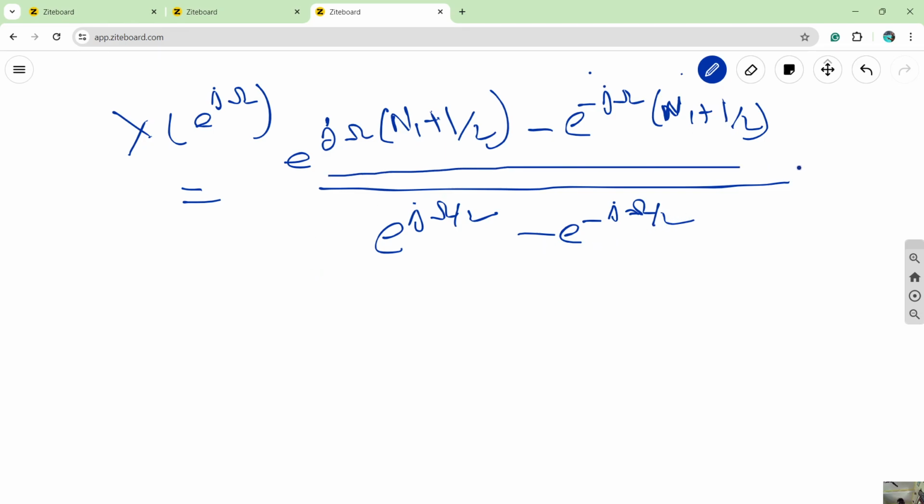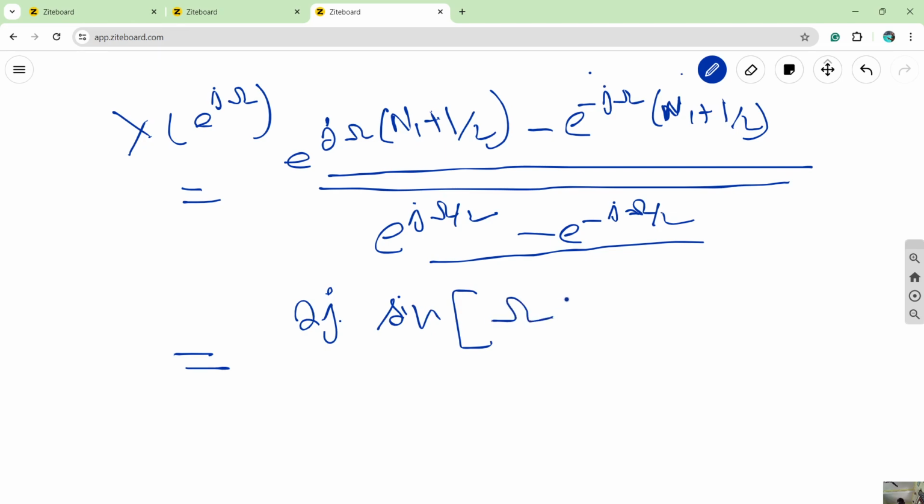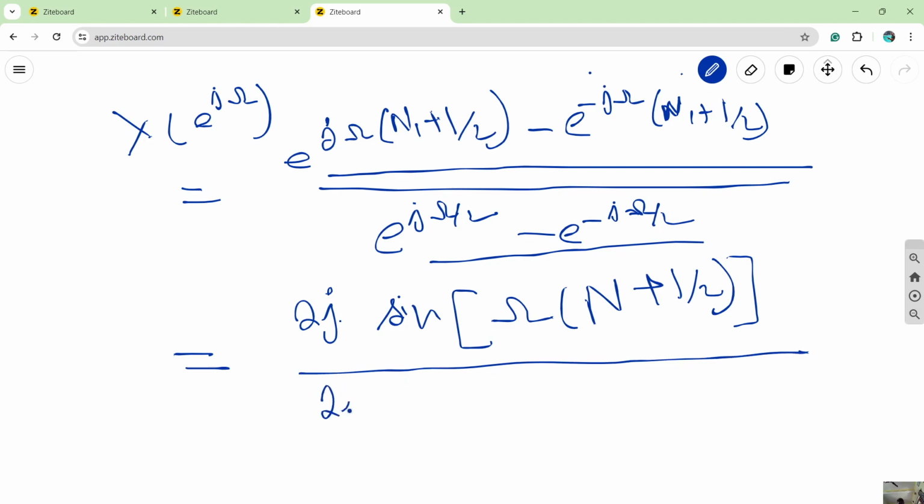So this is actually a sine term and this is actually also a sine term from Euler's equations. So this becomes 2j sine of omega n1 plus half by 2j sine of omega by 2.